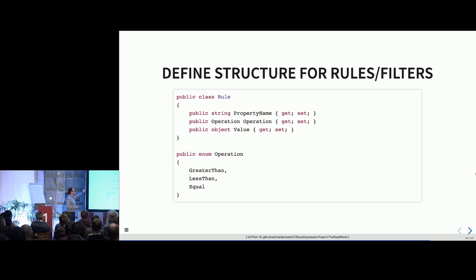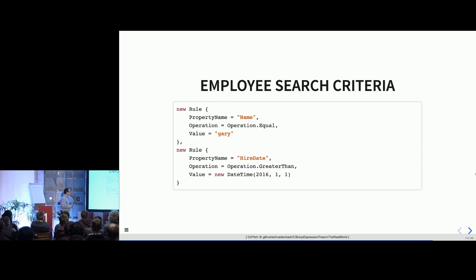It says, given this name of this property and this operation or operator, and this value, we want to say, oh, name is equal to Gary, or hire date is greater than 1/1/2016, stuff like that. So we do that. We define our data. We either deserialize it from JSON, or we can just hard code it for this example. We have our name, operation.equal, name equal to Gary. Hire date equal to date time, right?